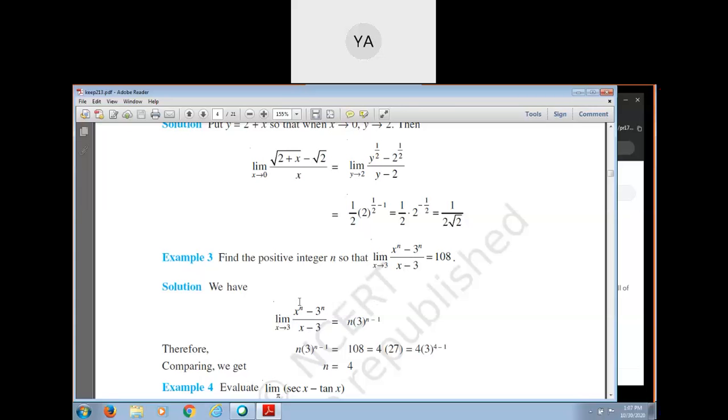So we will directly put n into 3 to the power n minus 1, and the value is 108. So n into 3 to the power n minus 1 equals 108. 108 means 4 into 27, so comparing this, we get n equals to 4.